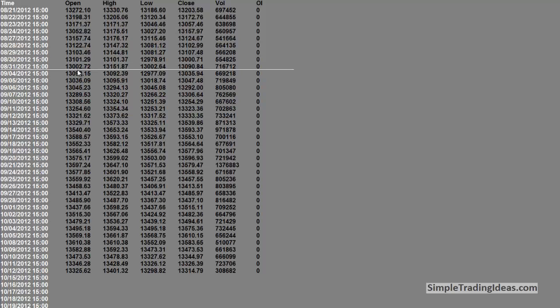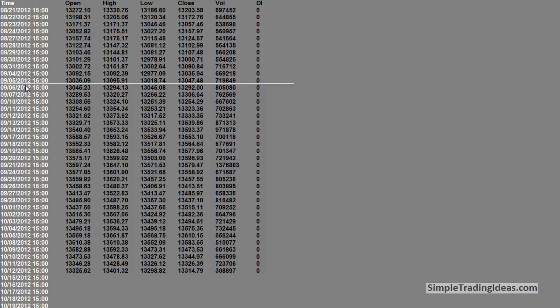If we go here, the open lower than the closing price indicates an up day. You can go through and take a look at the data presented here, but it's different than looking at a visual representation of this data in a graphic form, such as a chart.